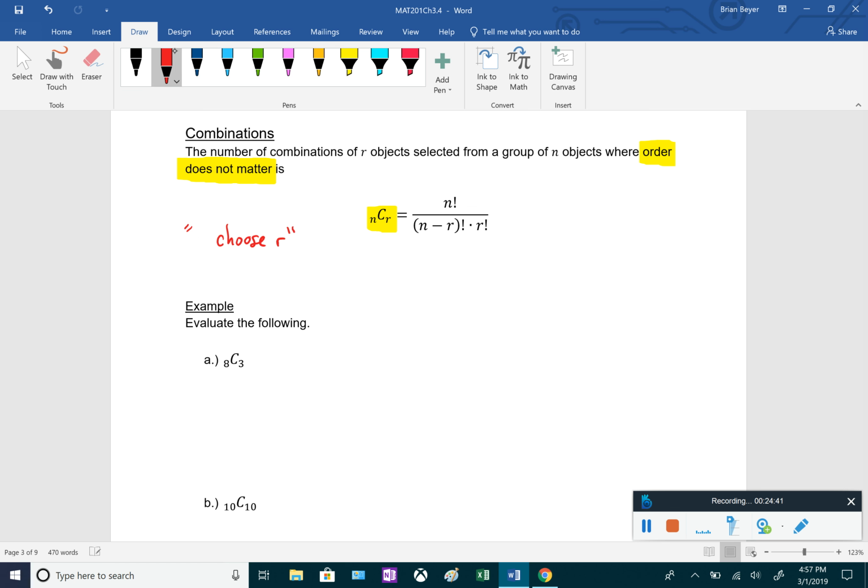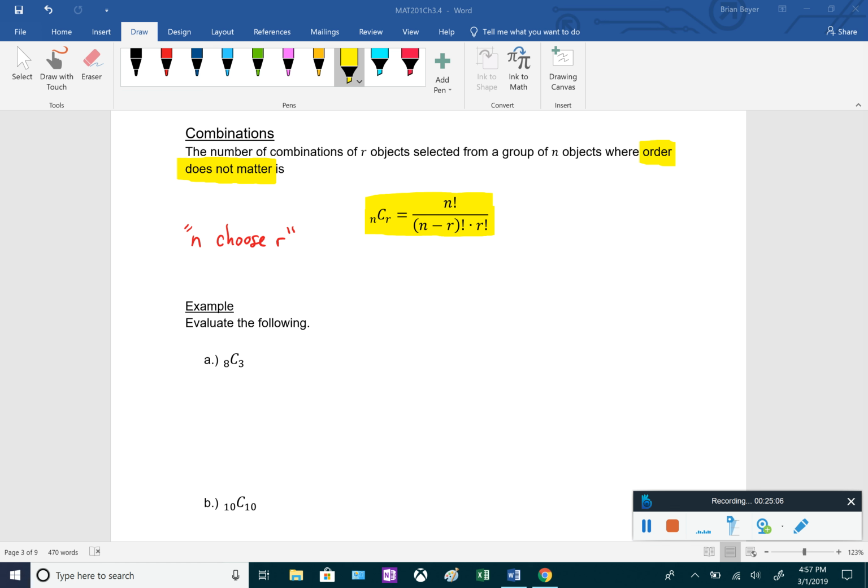It's essentially saying we have n objects and we're choosing r of them. It's going to equal n factorial divided by n minus r factorial times r factorial. Notice that is the same exact thing as the permutation formula, except for the r factorial, which is new for the combination formula.